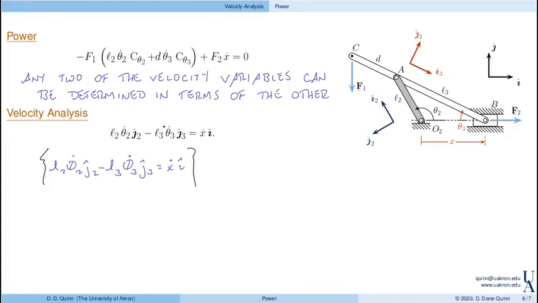Well, it's in a magnitude, so we'll dot with the perpendicular direction, which in this case is I3. We need to calculate I3 dot J2. L2 theta 2 dot. Well, when I do that I3 dot J2 dot product, I get minus sine of theta 2 cosine of theta 3.